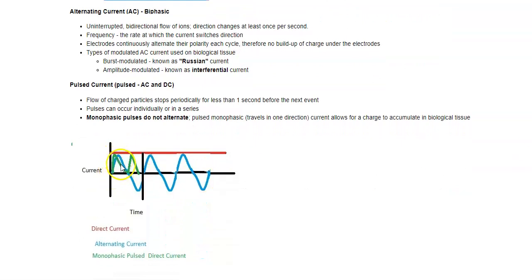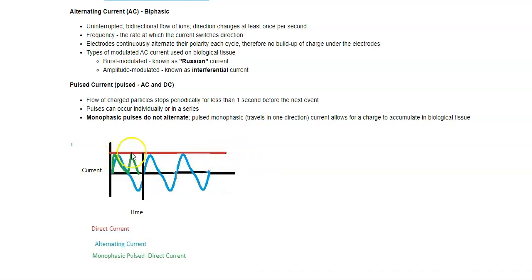So monophasic means you've got a single phase, means it never alternates, it never goes into the negative realm, it just stays in a single phase. However, it's interrupted, so you'll notice here we have these two green arrows and then it stops. There would be a pause and then it would resume further down.